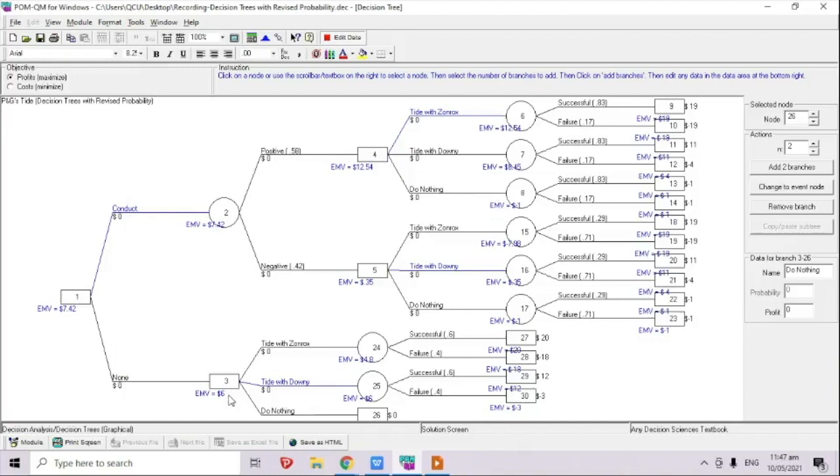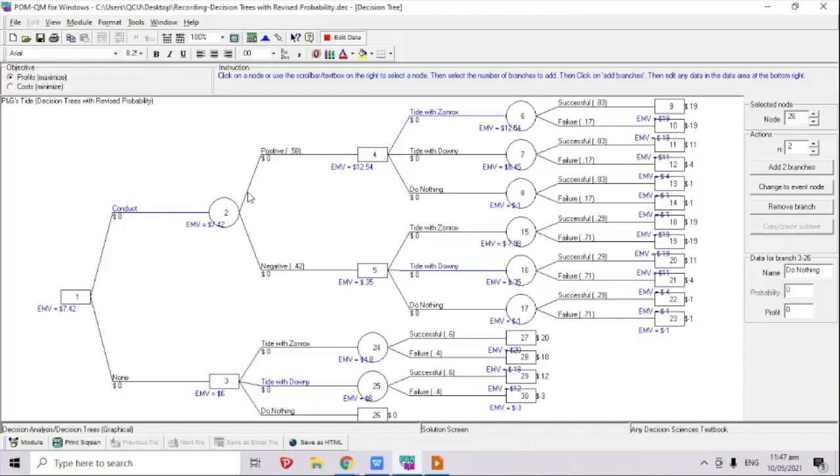Kumbaga sa linear programming, this is just part of the feasible region, pero hindi siya yung optimal dahil ang optimal is this one. So case to case na yan, since this is decision analysis nga, may mga subjective factors tayo na pwede i-consider internally and externally sa ating organization.